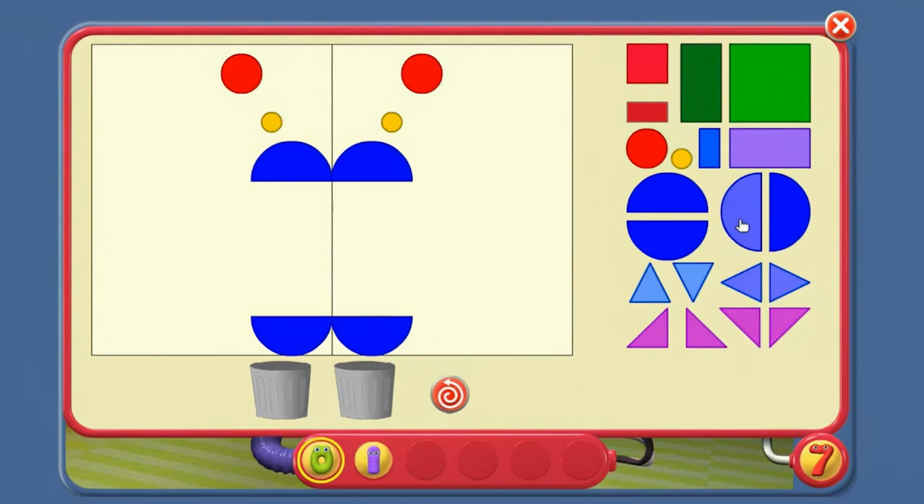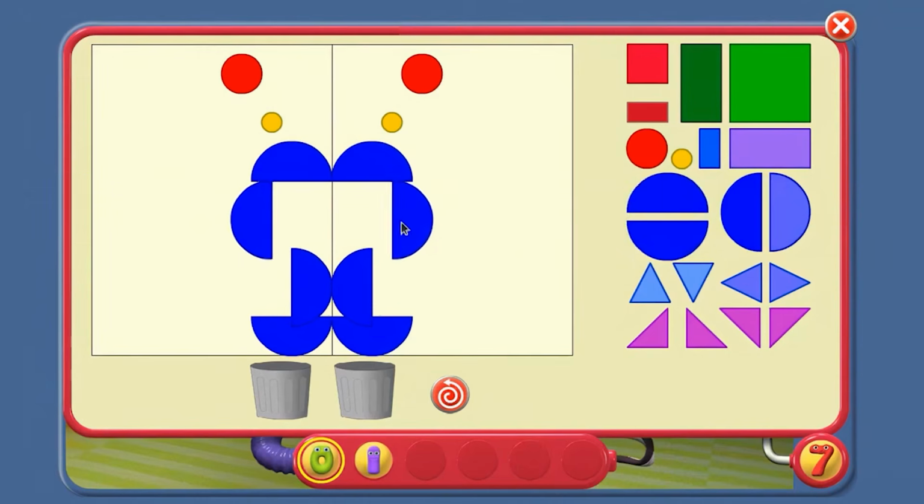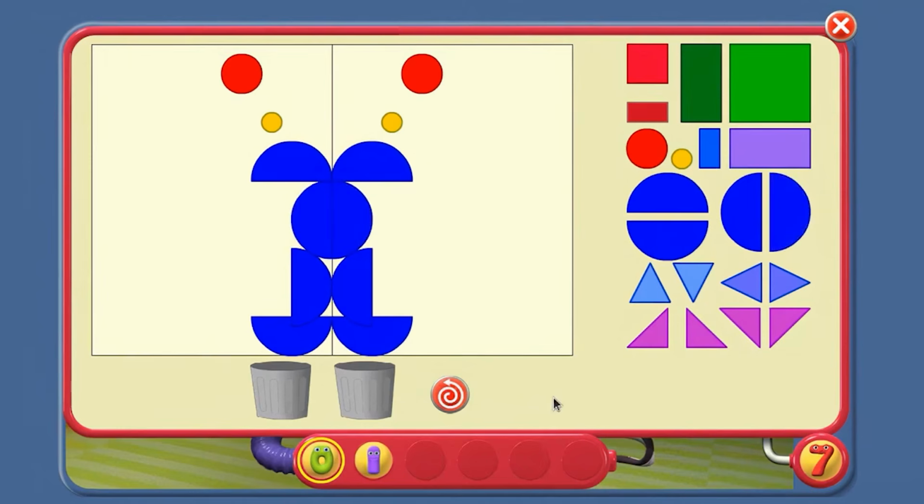Will this semicircle work in the reflector? No. So one last chance. Will this semicircle be reflected to make a whole circle? Yes! Thank you! That semicircle and the reflector.